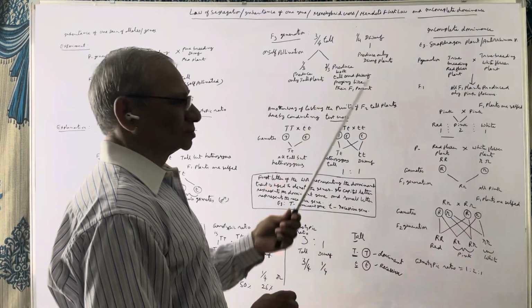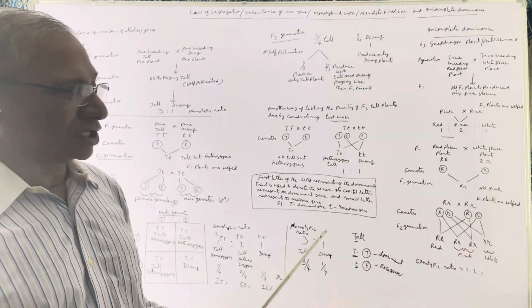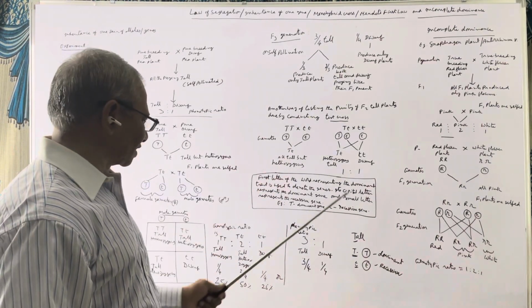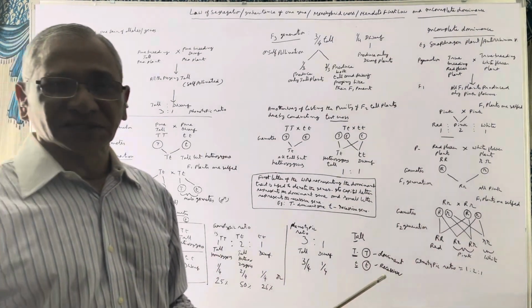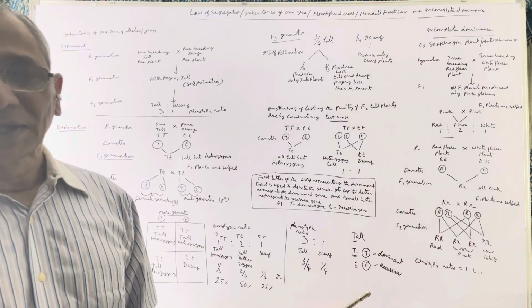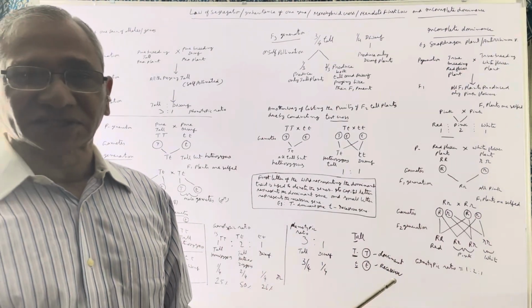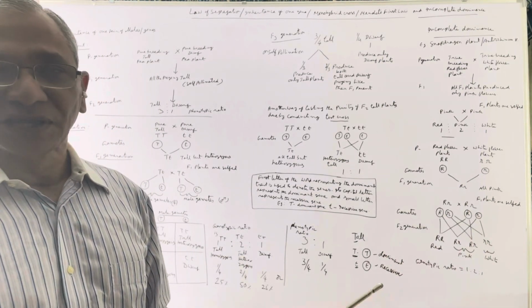And 1/4 plants of F2 progeny produce only dwarf plants. So in this way, he verified his results through the 3rd generation and concluded that his interpretation is correct. His understanding of inheritance of genes is correct. This is about Mendel's first law.